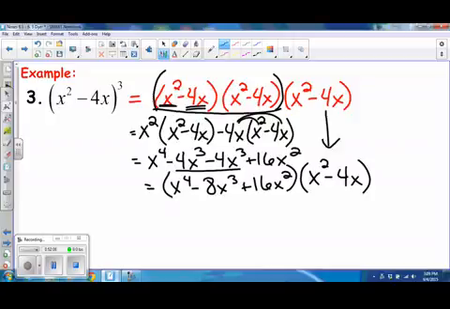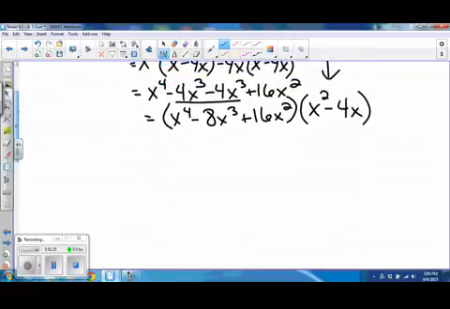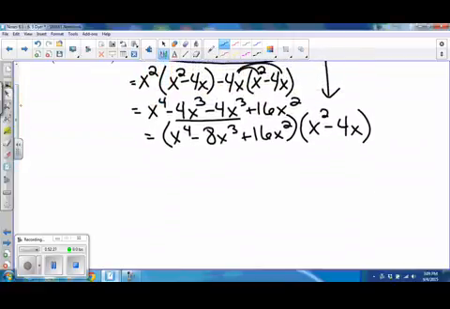Then I'm going to distribute the negative 8x to the 3rd, multiplying that times x squared minus 4x. Then I'm going to take 16x squared and multiply it times x squared minus 4x. So is this a long problem? Yes. However, it's not difficult calculations. Okay?